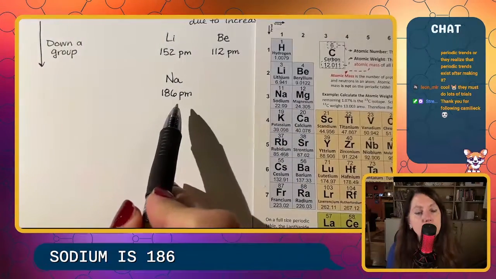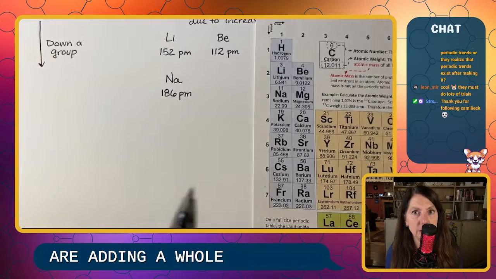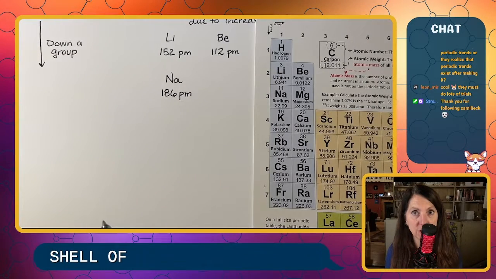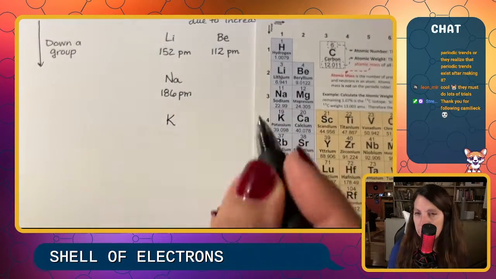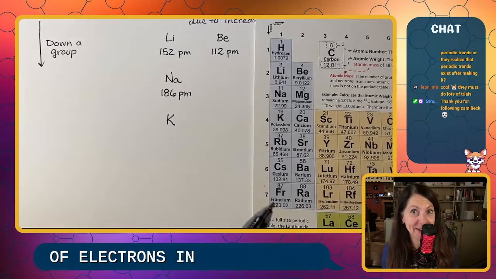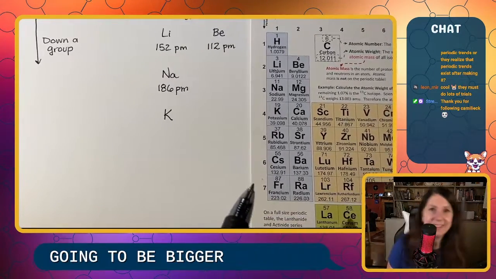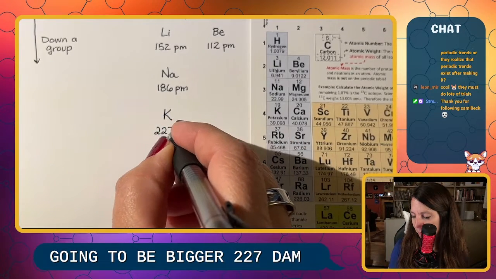Okay, so this is getting larger because we are adding a whole other shell of electrons. Potassium, we are adding a whole other shell of electrons. It's going to be bigger, 227 picometers.